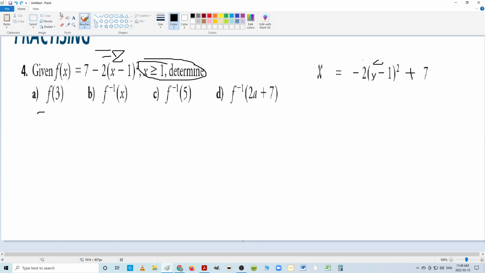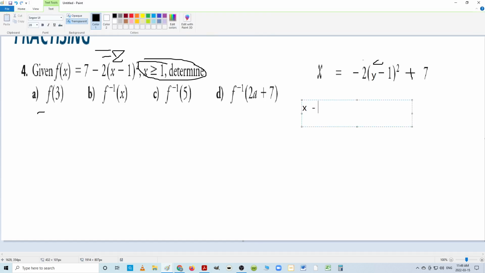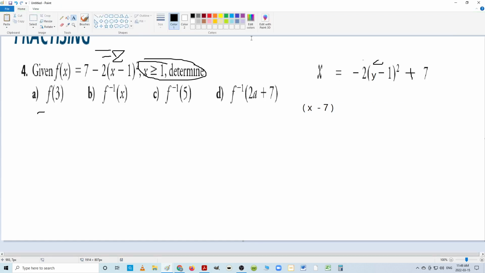So I'll show you what I'm going to do to the left side. I'm going to subtract 7 from both sides. And I'm going to put it in brackets. When I subtract 7 from the right side, this 7 disappears. I'm going to divide both sides by 2. And when I divide the right side by 2, minus 2, obviously those minus 2's will cancel out.